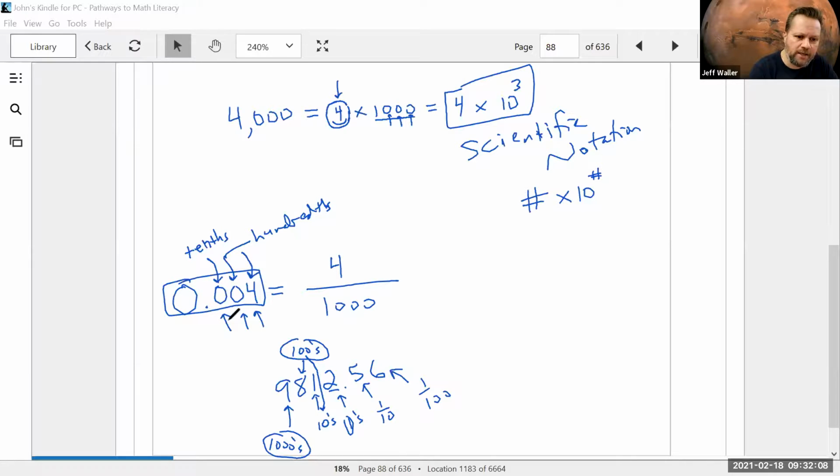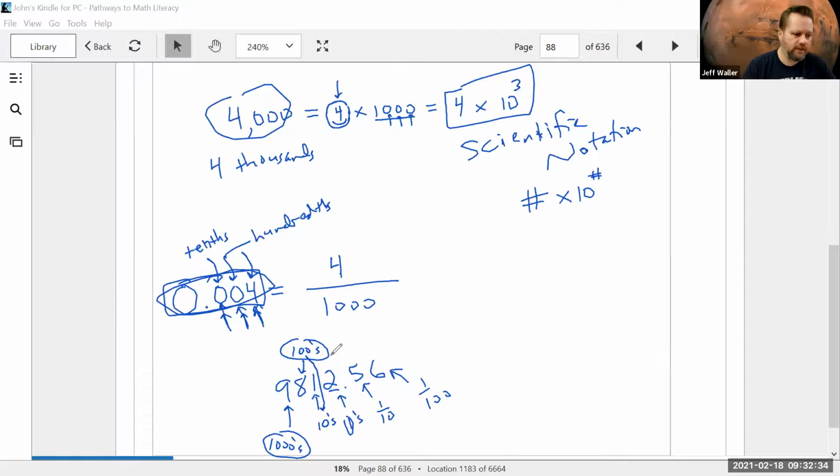I just go tenths, hundredths, thousandths. Oh, it's 4 thousandths. The same way that this is 4 thousands, this is 4 thousandths with a lisp.